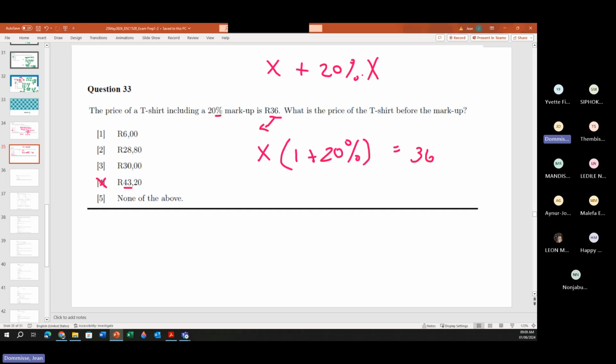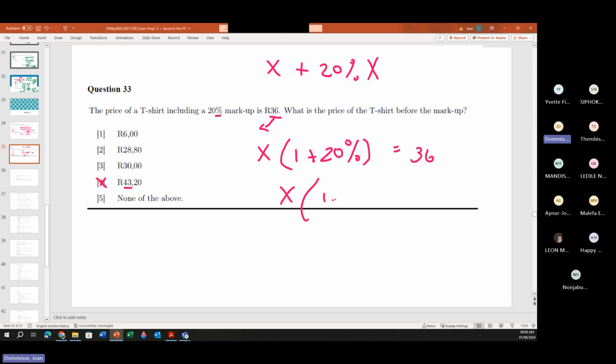You need to know the original price X to increase it with a 20% markup. So it's easier to say the original price plus 20% will be equal to 36 Rand.